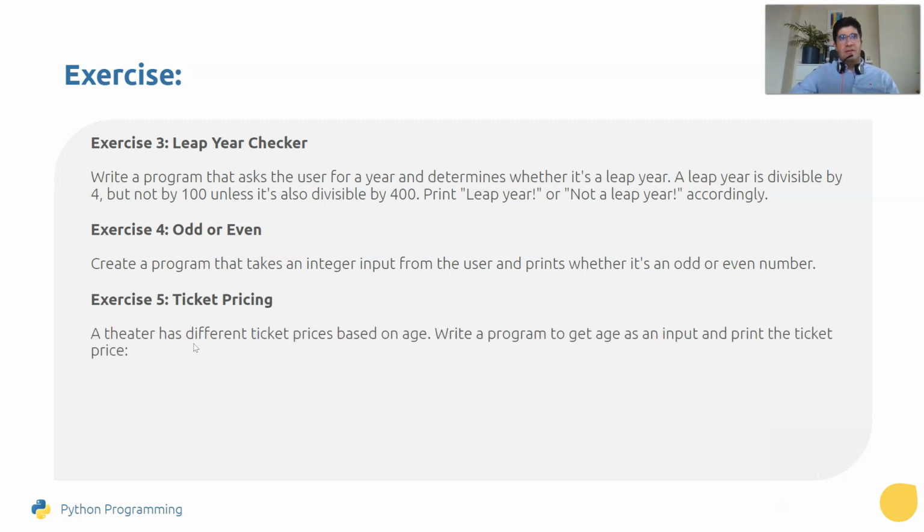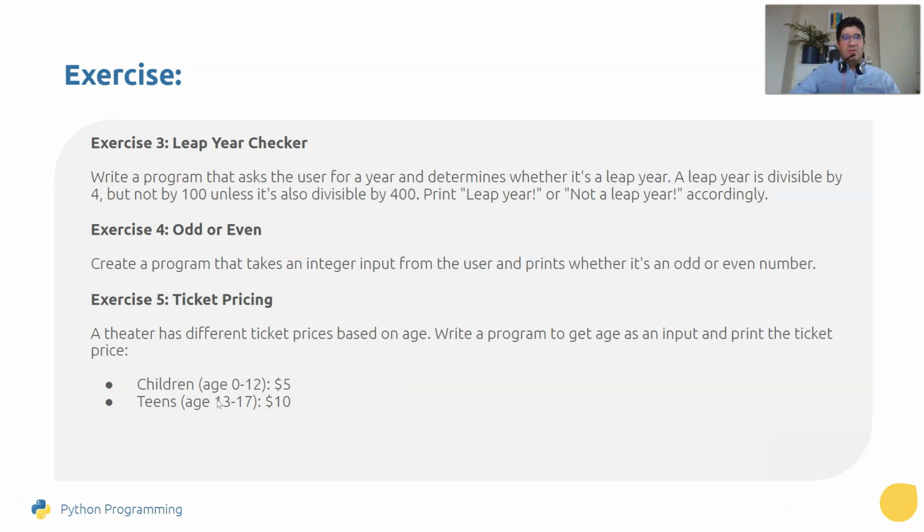A theater has different ticket prices based on age. We want to write a program to get age as an input and print the ticket price. For children, age between 0 to 12, price is $5.